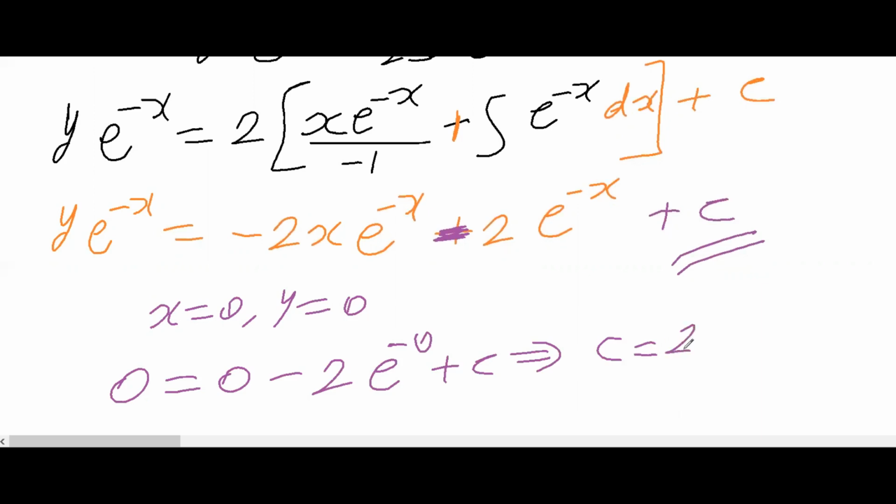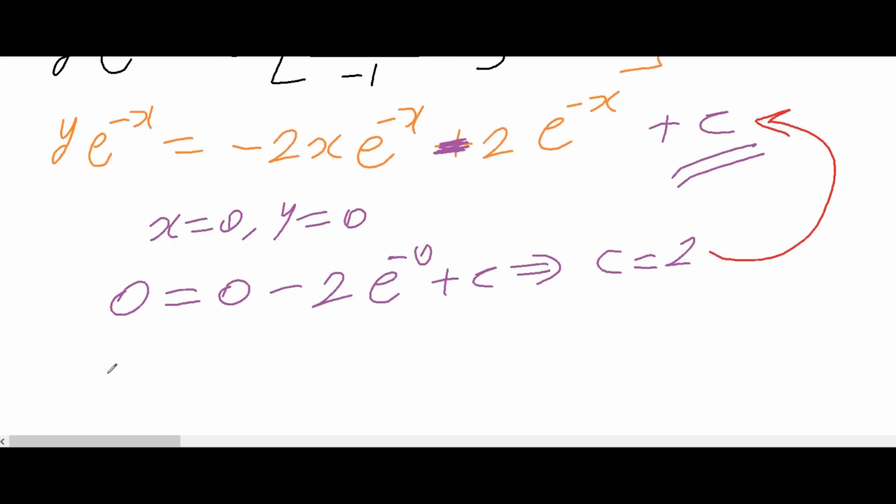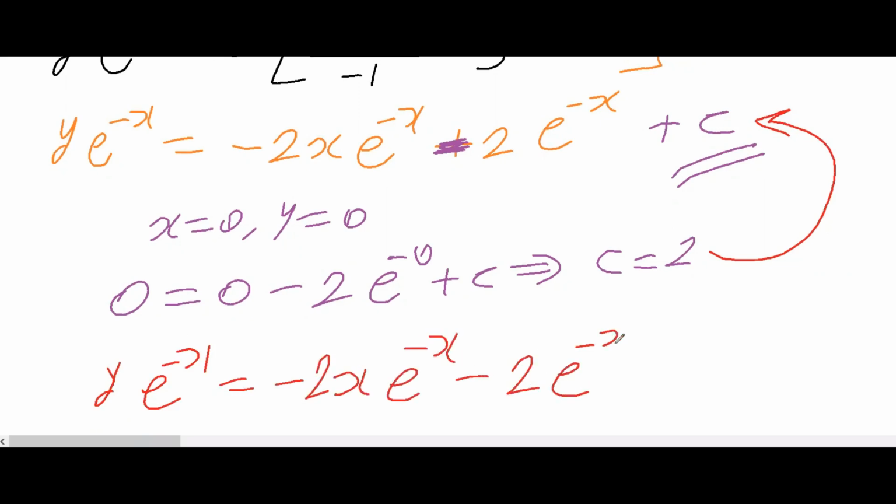Fine. Next, we are going to substitute the value of c over here to get the particular equation. So my equation is y e to the power of minus x is equal to minus 2x e to the power of minus x minus 2 e to the power of minus x plus 2. Okay, this is my final answer.